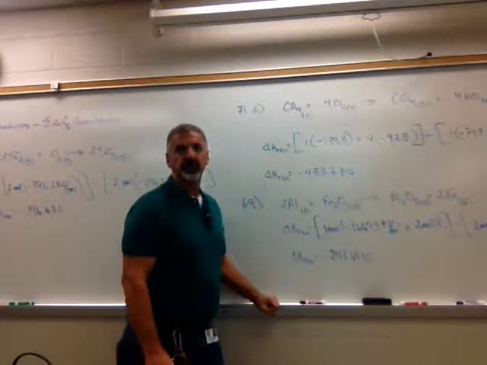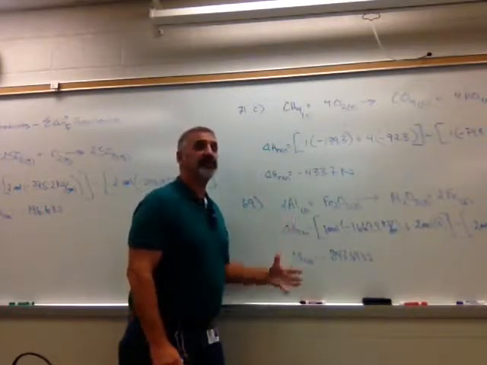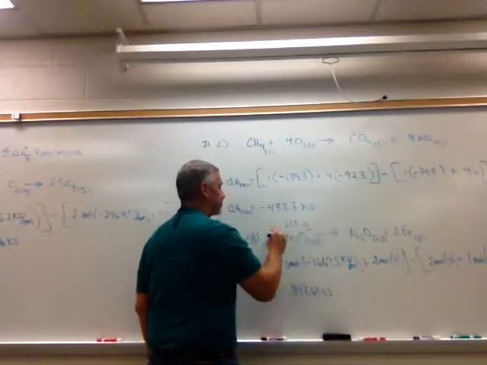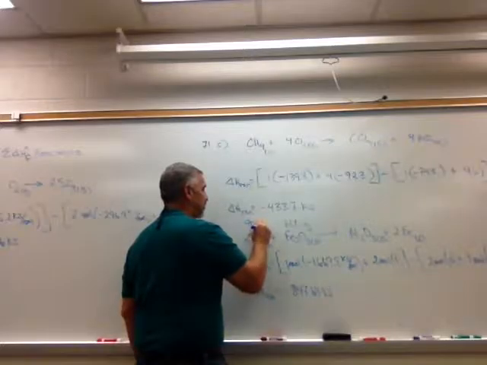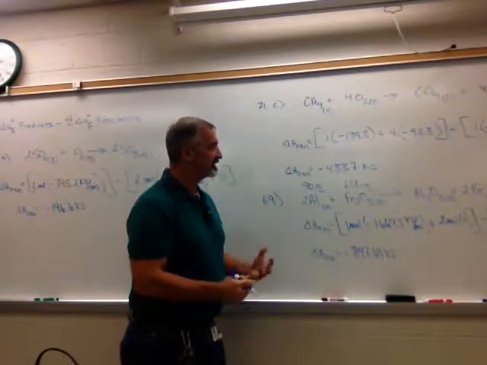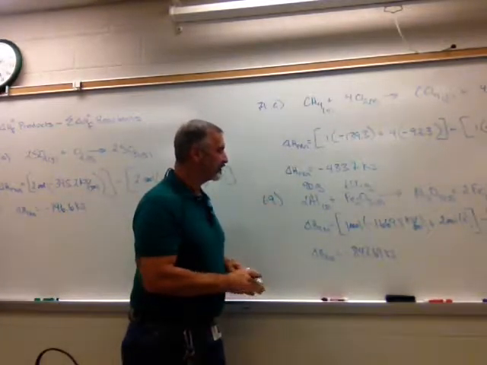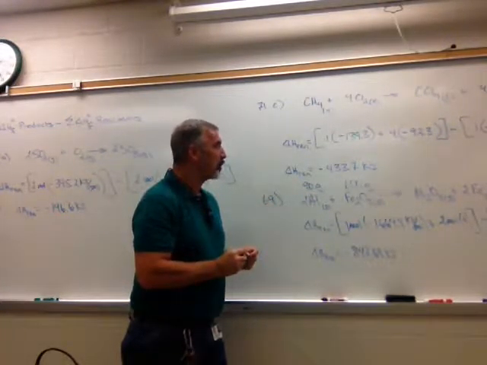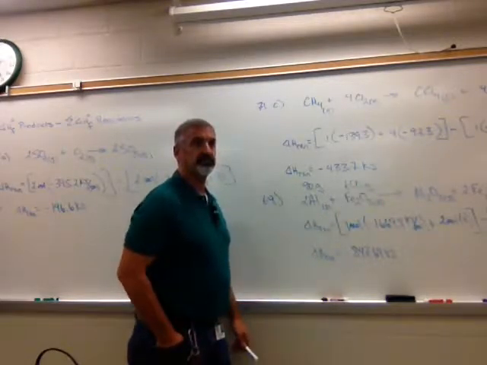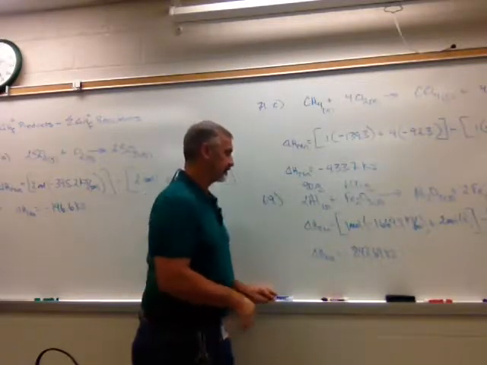Now, when we did this reaction, I used 600 grams of this and 90 grams of this. So my question is, how much energy total was released during the reaction? How do we calculate that?